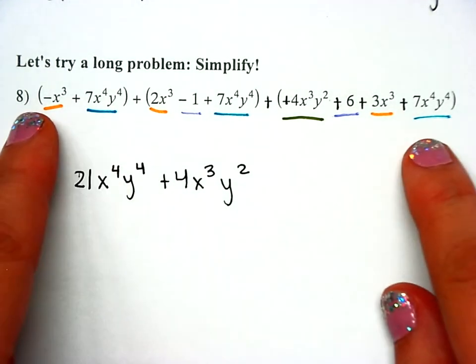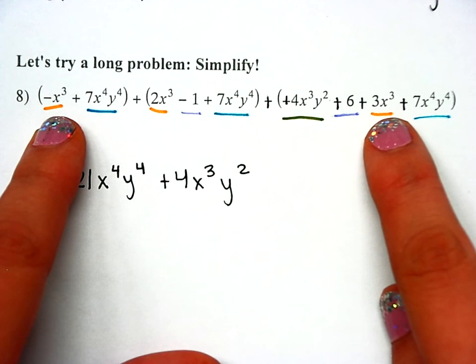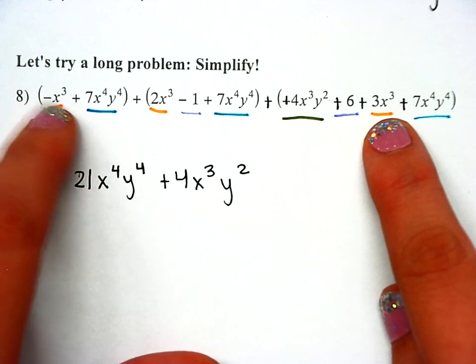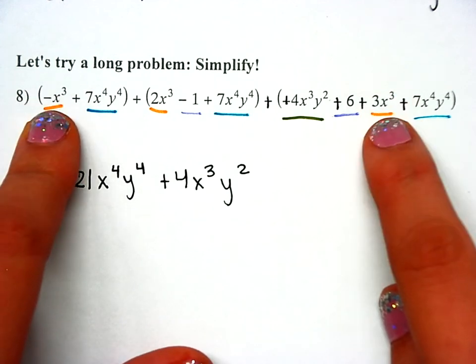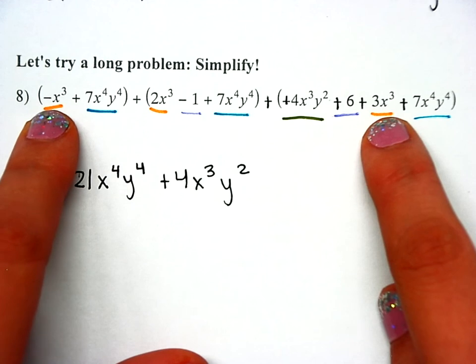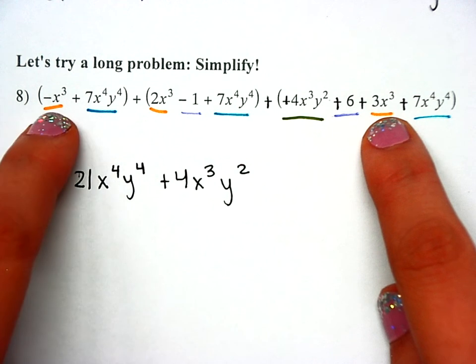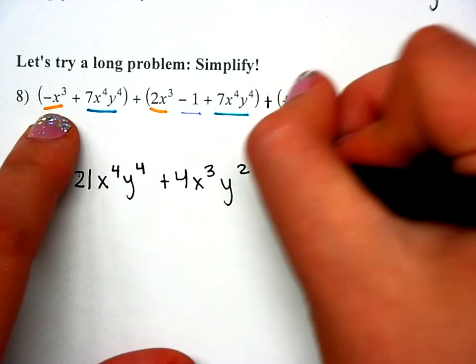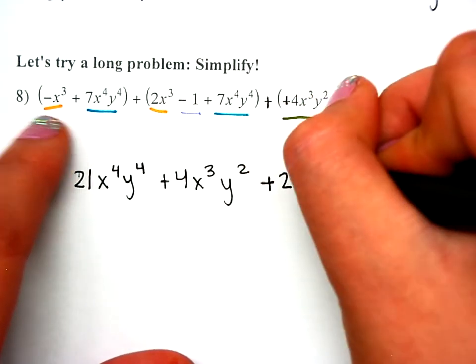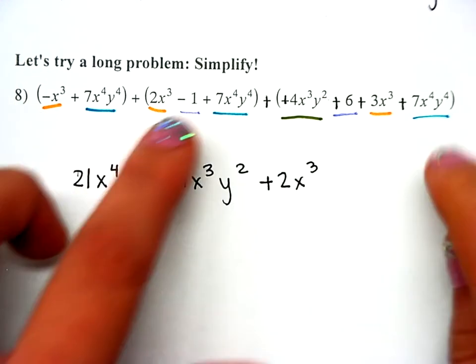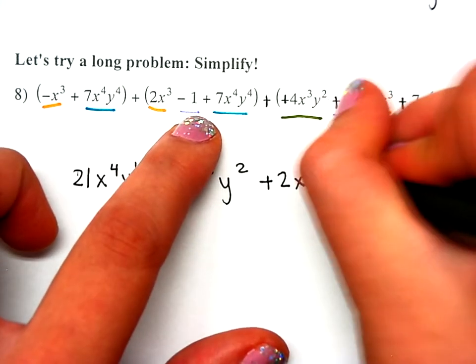Next highest is my x to the third. So I've got a -x to the third and a positive 3x. So that's going to be, let me make sure I'm adding these together correctly. So -1, positive 3, so that's 2. And then last ones are my constants, plus 5.